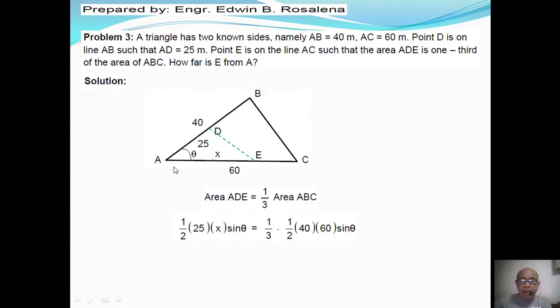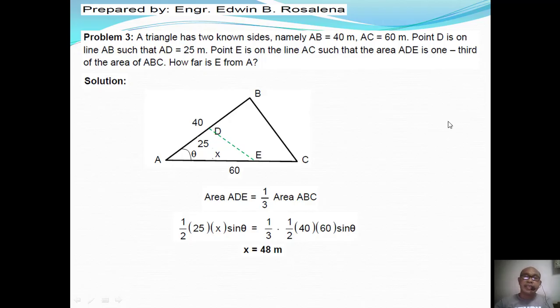Then, area ABC is 1/2 times 40 times 60 times sine of theta. And area ADE is 1/3 of area ABC. Okay. So, as you notice, sine theta will simply cancel out on both sides. And we are left here with x as the unknown.